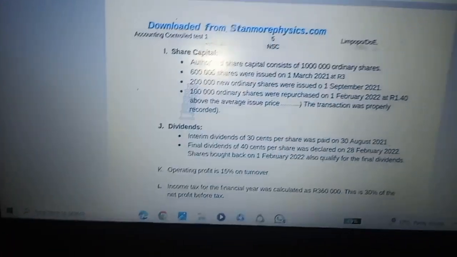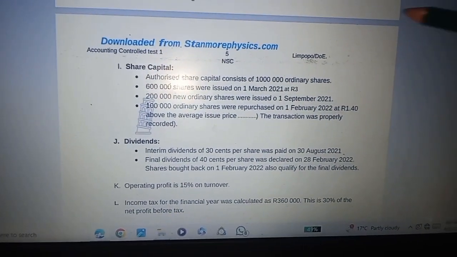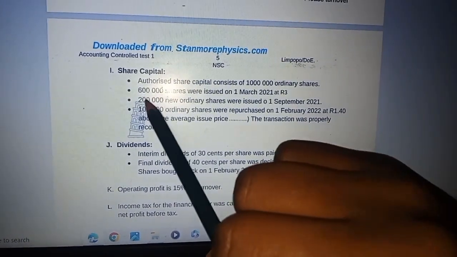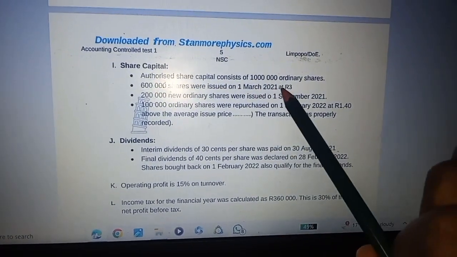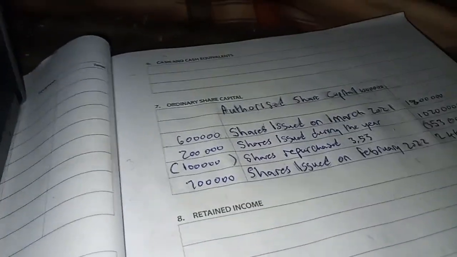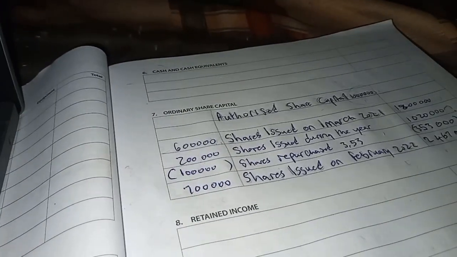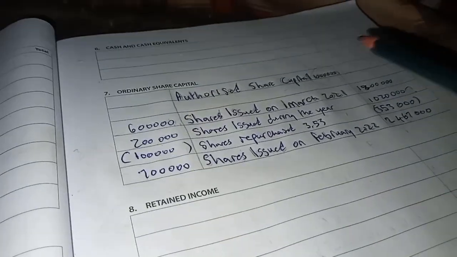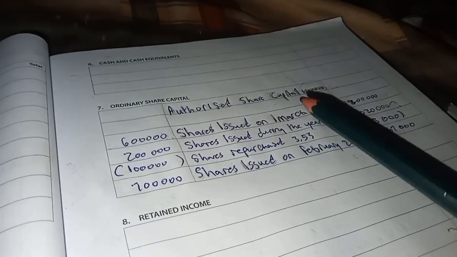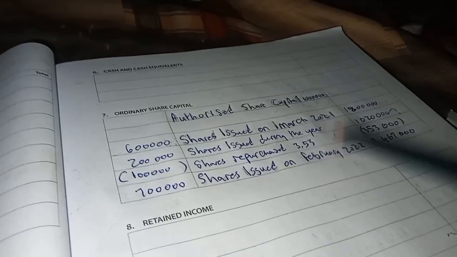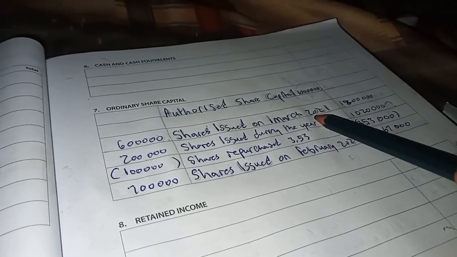So here we have to go back to the question paper. It says that 600,000 shares were issued on 1 March 2021, so they were issued at the beginning of the year, because our accounting period starts in March.